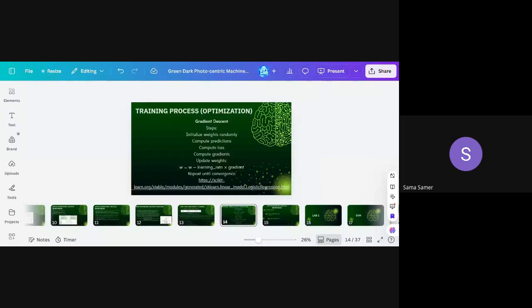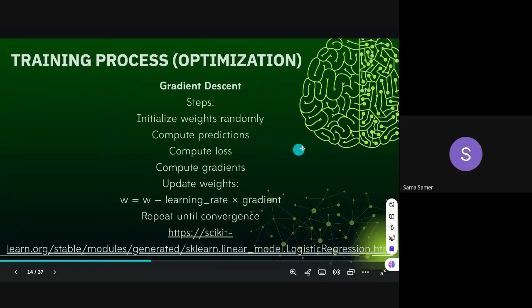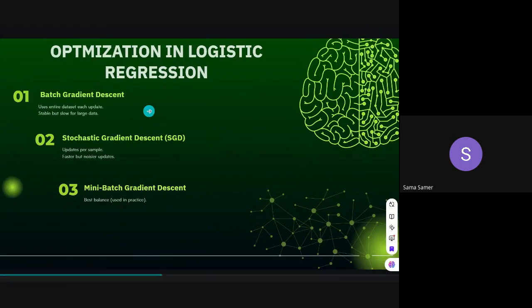So let's continue, and I will show you the parameters in detail of the logistic regression. Now you can see my screen. Before the lab, I will show you the parameters that I want to show you. Then, for the optimization inside the logistic regression, we have three main types inside of it. So you can read it for a second and tell me what you understand from it.